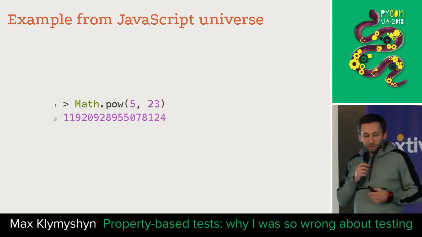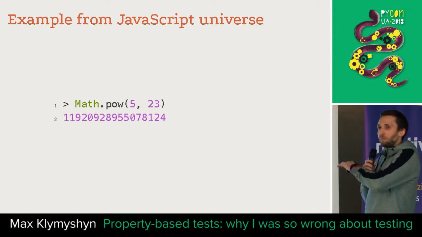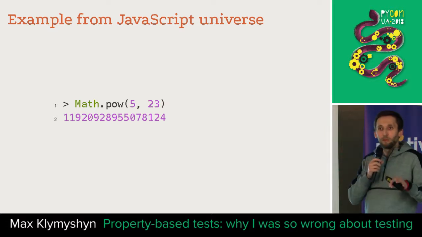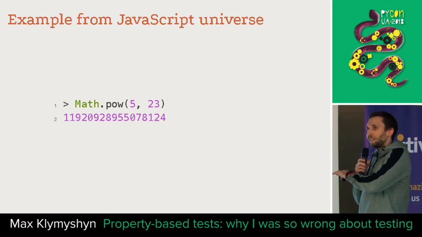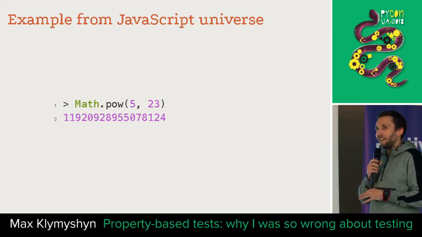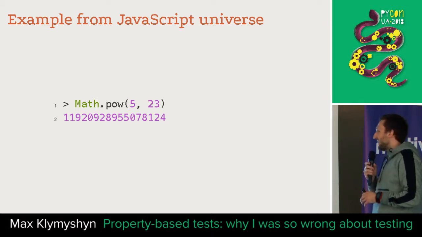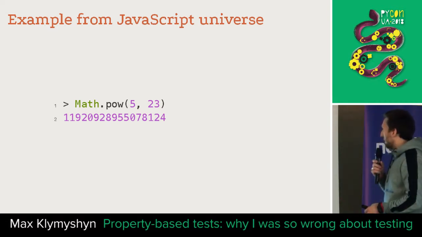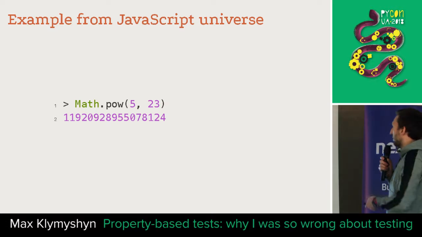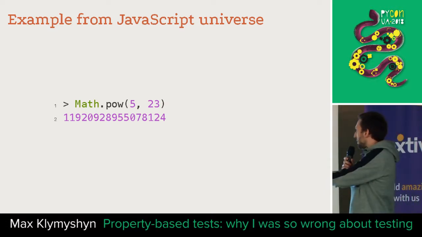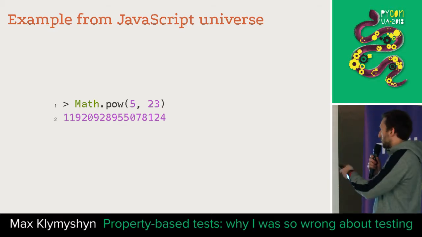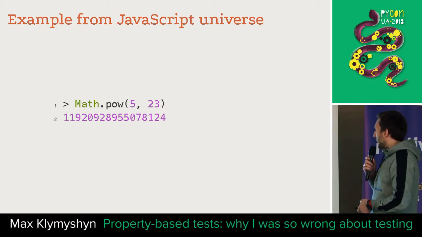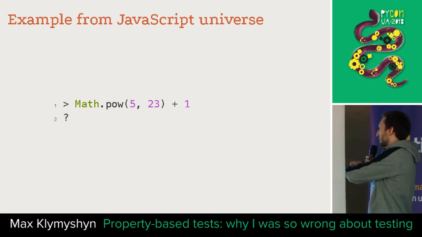And I would like to provide an example from another universe. Everybody knows what JavaScript is. Okay. This is a very simple function. We make an exponent, right, in English. So we have some number, okay, and it looks good. And we add 1.